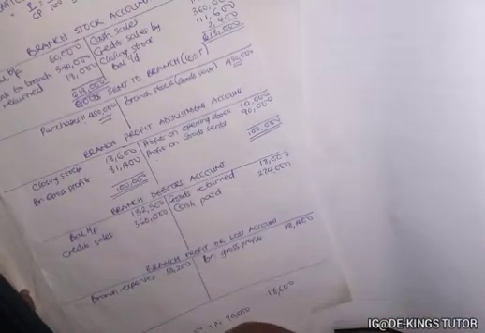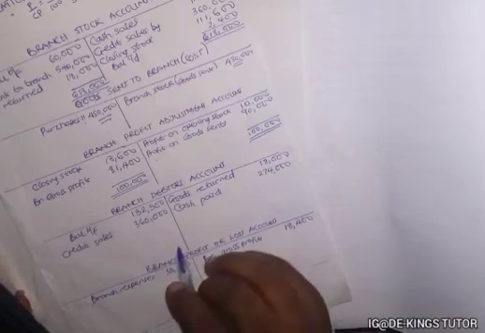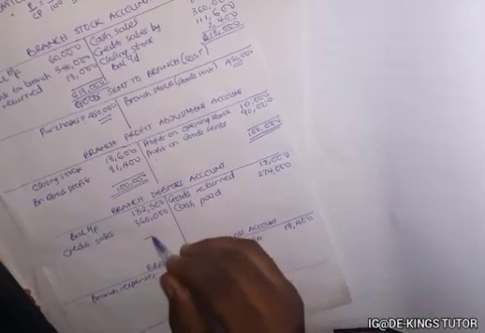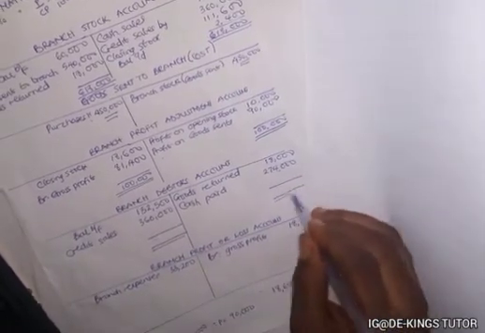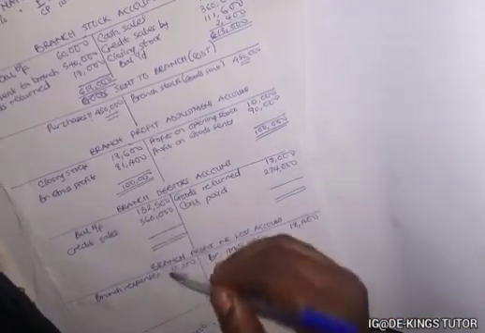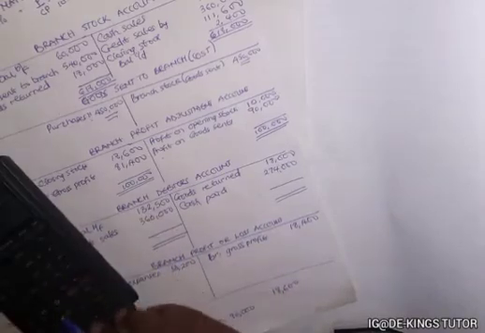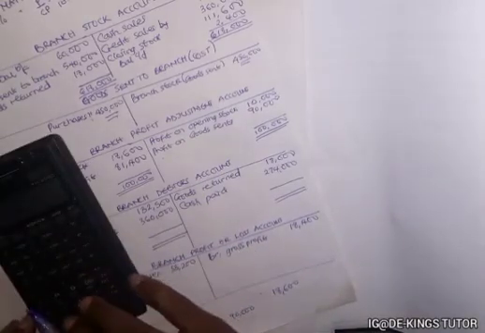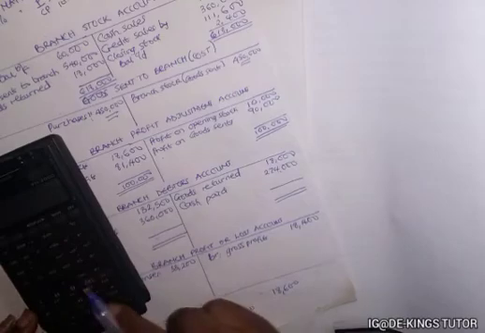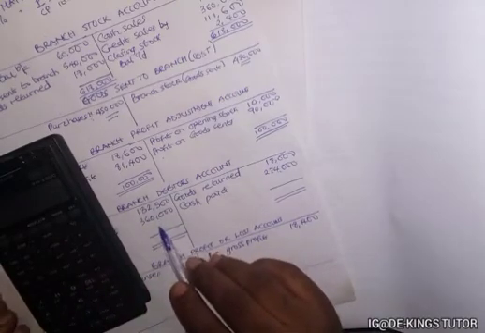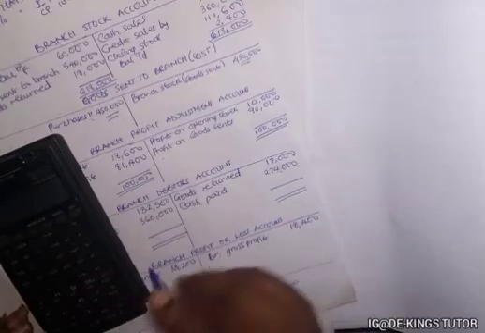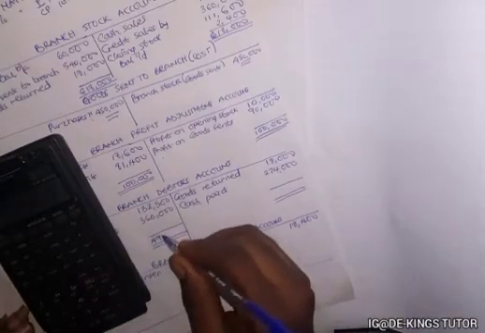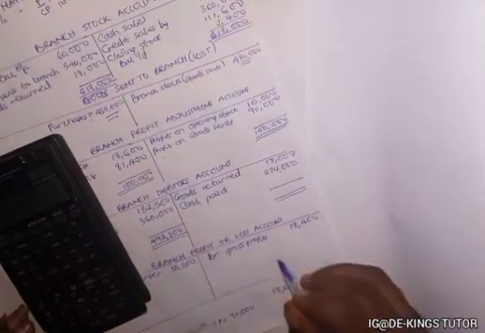So the branch debtors account also, we're going to add it also. So if we add up this part, so I have 132,500 plus 360,000 equals 492,500.